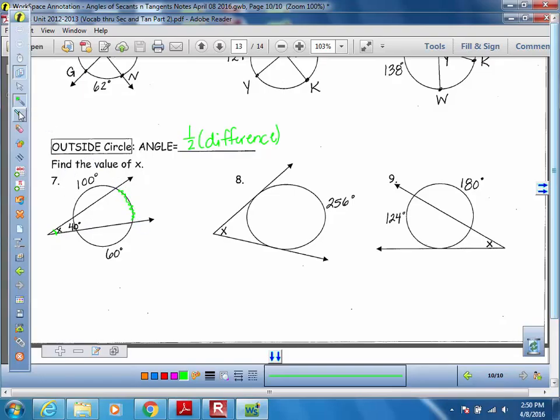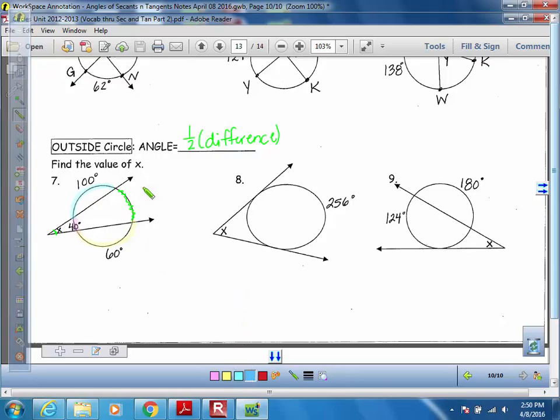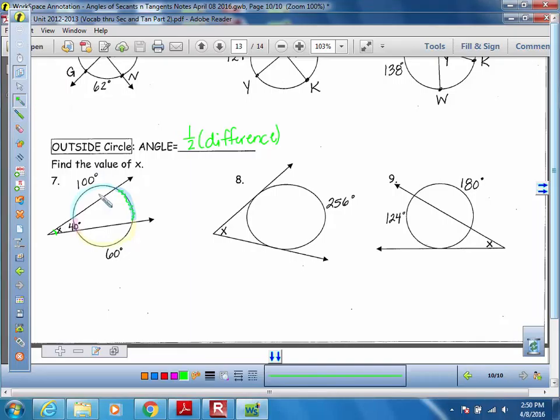How many pieces of the circle are there? I see 1 here. I see 2 here, 3 here, and 4. Okay? So that means that if I added all 4 together, they should equal 360.